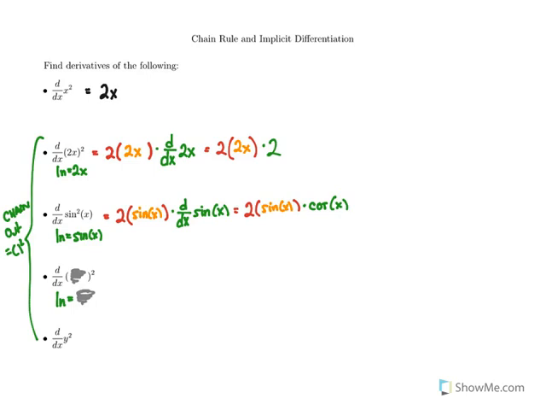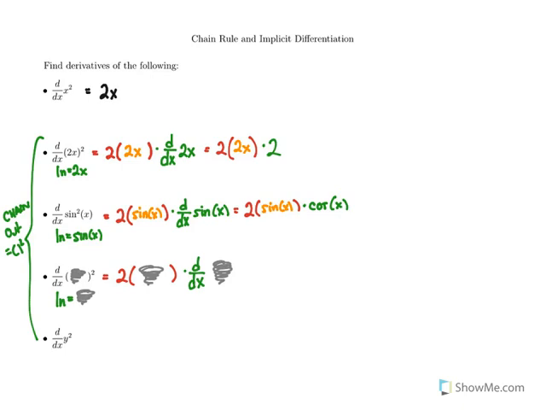And the derivative is going to be the derivative of the outside function, leave the inside function alone, and we're going to multiply by the derivative of the inside function. Now, I have no idea what derivative of tornado is, but the point is that we could do this kind of process for literally anything.